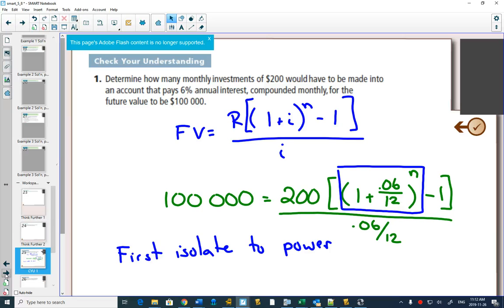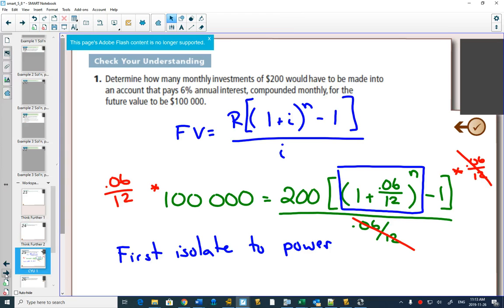And that would be if we can get that by itself. So right now, we're dividing by 0.06 divided by 12. If I wanted to get rid of this, I would have to multiply both sides by 0.06 divided by 12. Does that make sense? Because you're dividing by 0.06 divided by 12. If you multiply both sides by that, that would make your life a little bit easier.